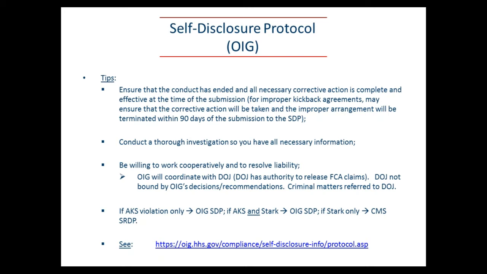You got to go into this willing to work cooperatively with the OIG to resolve the liability. Unlike when you're in litigation, when you're in a False Claims Act litigation, anytime you're doing an overpayment, you should not be viewing it as an adversarial process. It's a collegial process.